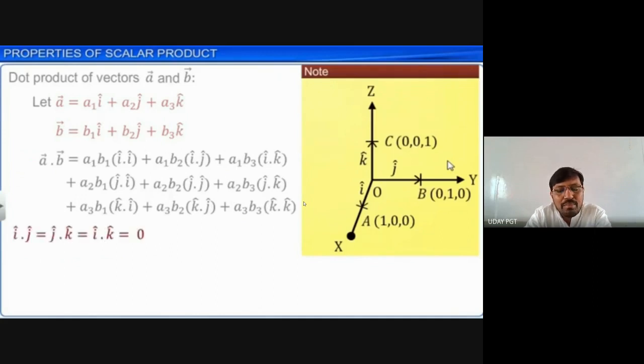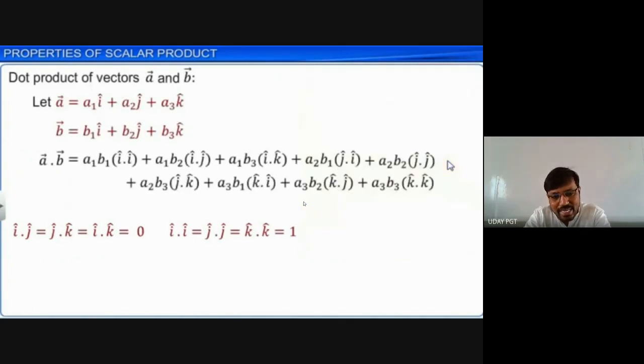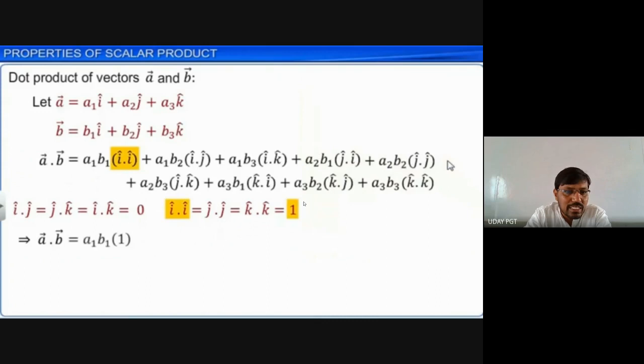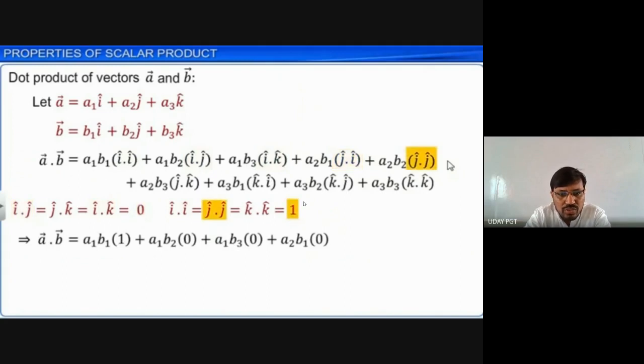So here the vectors are unit vectors. Look at these values: i dot j, j dot k, k dot i, or i dot k. The dot product satisfies the commutative property, so i dot k or k dot i are both equal. All are zeros, and j dot j, i dot i, k dot k is equal to 1.